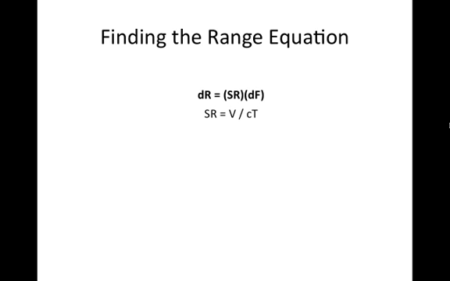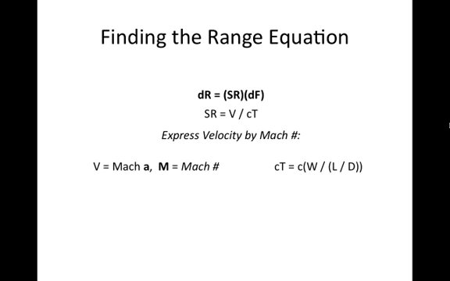Now we're going to find a different expression for the velocity in the specific range that includes the aircraft's Mach number. What we're going to do there is express the velocity in terms of A, which is the speed of sound, and M, which is the Mach number. We already know that the specific fuel consumption times the thrust equals this new expression we came up with.